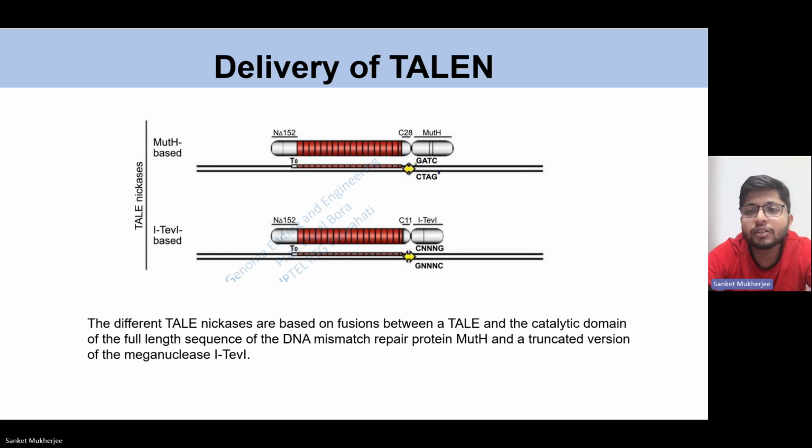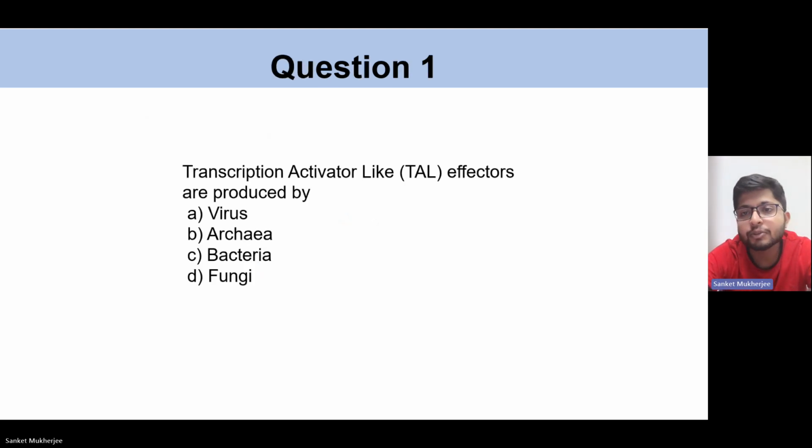We can fuse them with transcription activator-like effector molecules, and we can create this kind of mutants, which could cleave double-stranded DNA, which could cause a double-stranded break. So that's the idea here. That's how we can engineer transcription activator-like effector molecules.